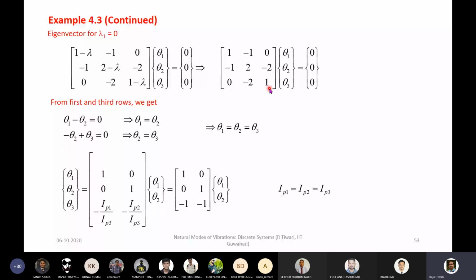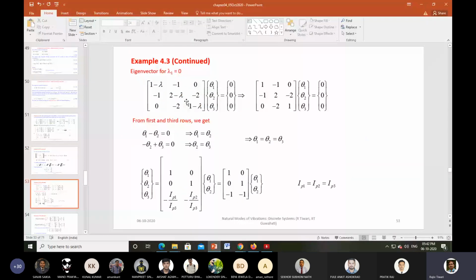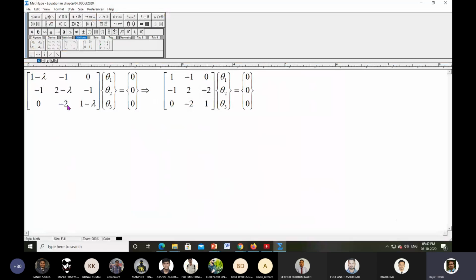This should be 1, I think. Let me check. Yeah, here it is 1 actually. By mistake, I think that has been. So this should be 1. These are 1. So then our equations are fine.